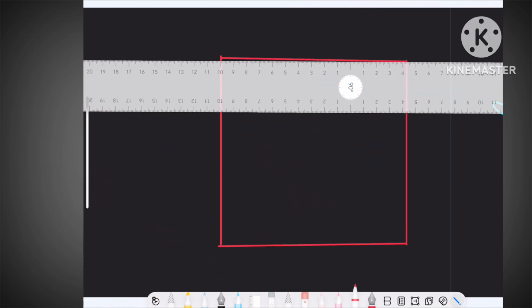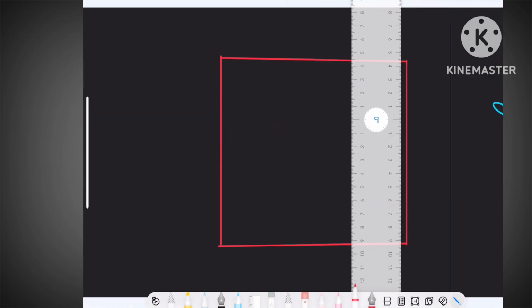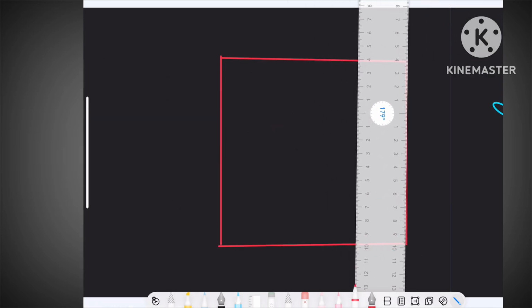First of all, mark 1 centimeters. The steps are here, I'm taking from 4.